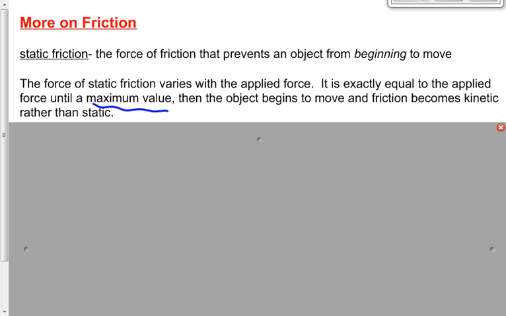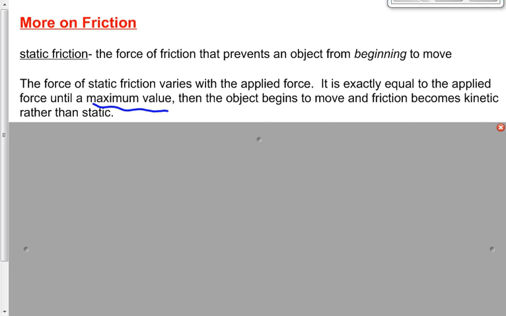And when you apply a force above that maximum value, then it can't hold it anymore, and it begins to move. So let's say the maximum force of static friction on Lane's desk is 12 newtons. I push on it with 5. What happens? Does it move? No. Static friction is 5 and balances it. Push on it with 10. Static friction is 10.